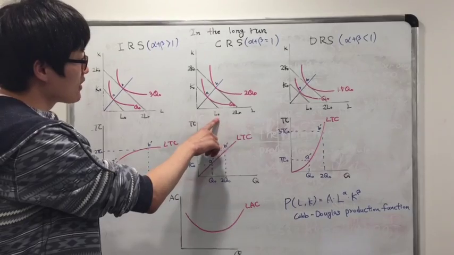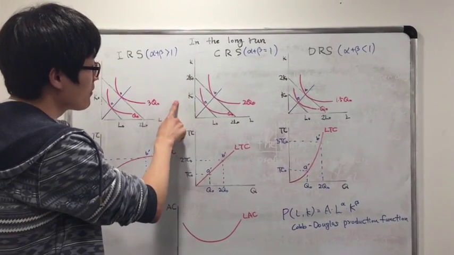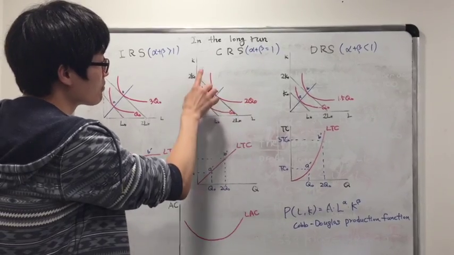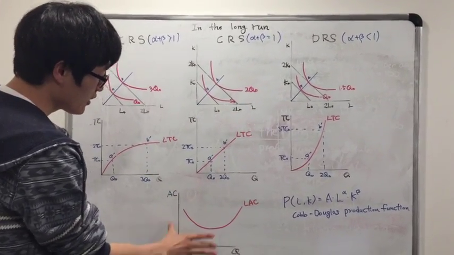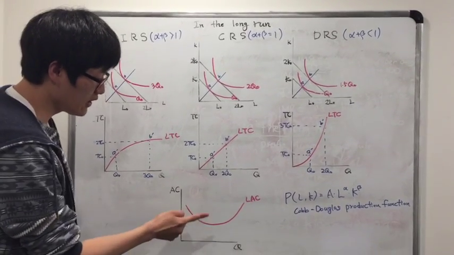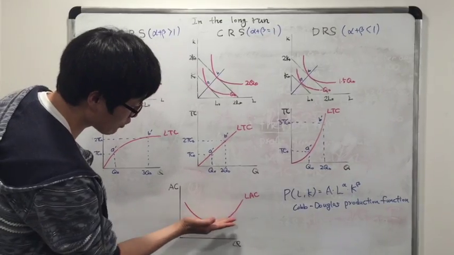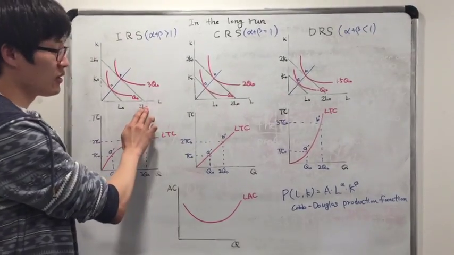In this case, labor and capital increase twice, and the quantity of production also increases twice. That means average cost stays the same, so it is expressed as a constant slope of 0 here, and this one is the opposite of that one.